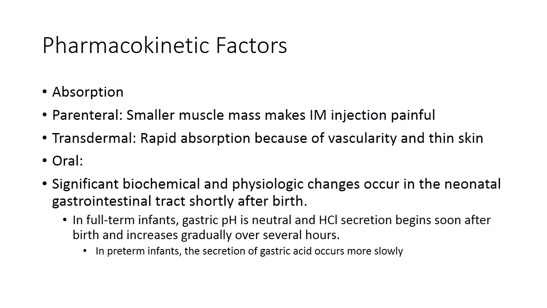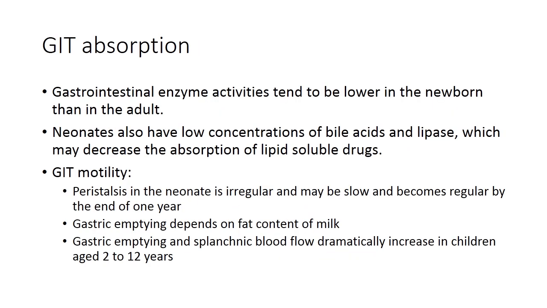Transdermal application of the drug would result in rapid absorption because of increased vascularity and thinness of the skin, whereas oral absorption depends on several physiological variables. In full-term infants, gastric pH is neutral and acid secretion begins soon after birth and increases gradually over several hours. And in preterm infants, secretion of gastric acid occurs more slowly.